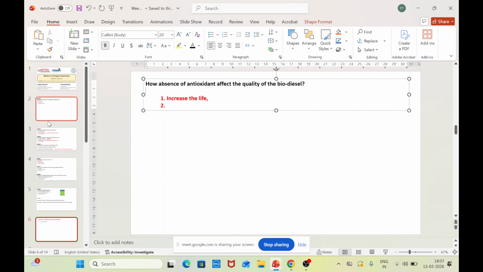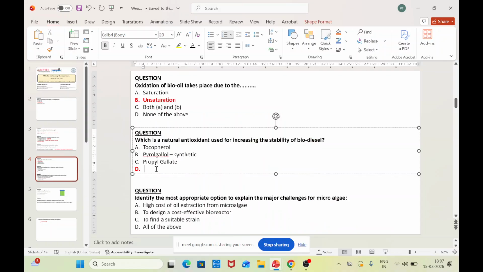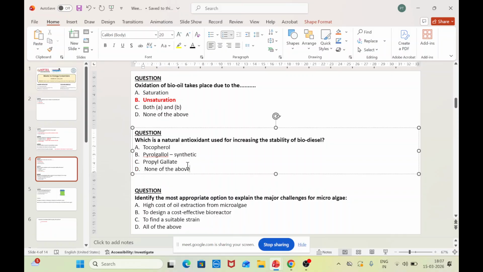So think about this. The third one was none of the above, but pyrogallol is synthetic and propyl gallate is also synthetic.